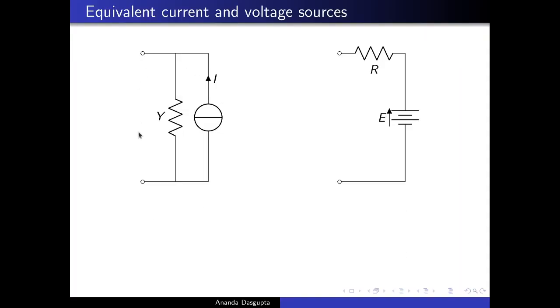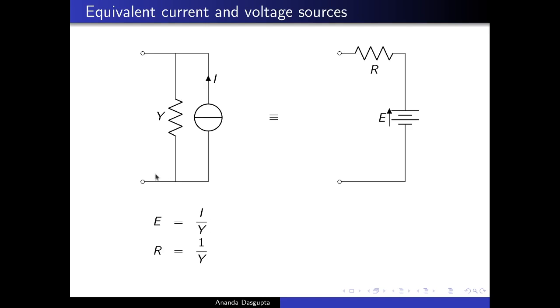If you were to connect nothing here, the entire current will flow through Y. So the voltage drop across the two ends, which is I times R, Ohm's law, simply becomes I by Y. So effectively, you would be correct in thinking that whatever you have been given is actually a voltage source with EMF given by I by Y. And R, you can easily calculate that.